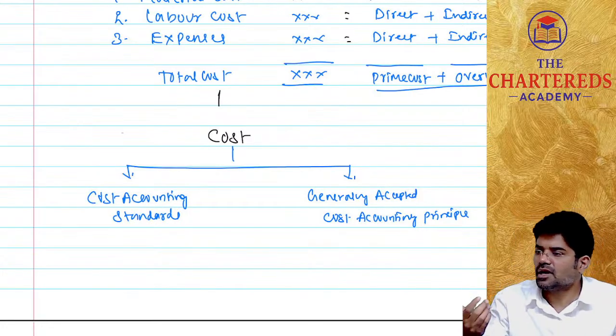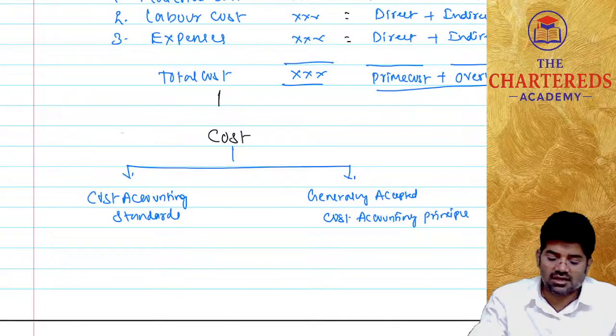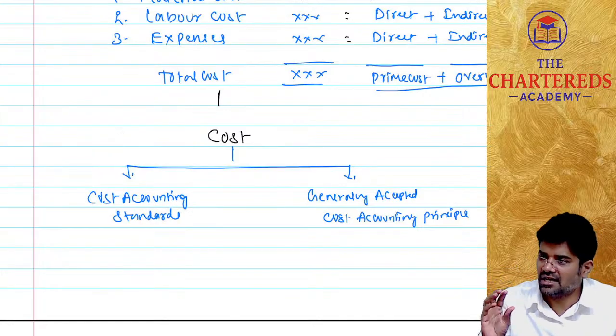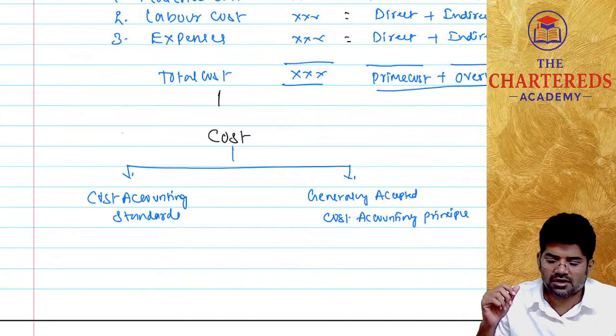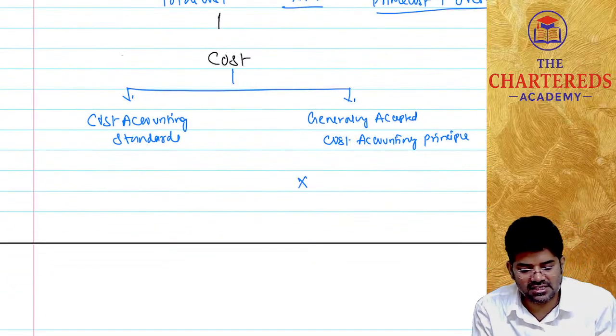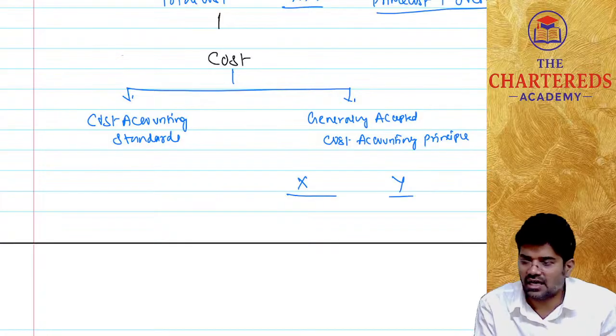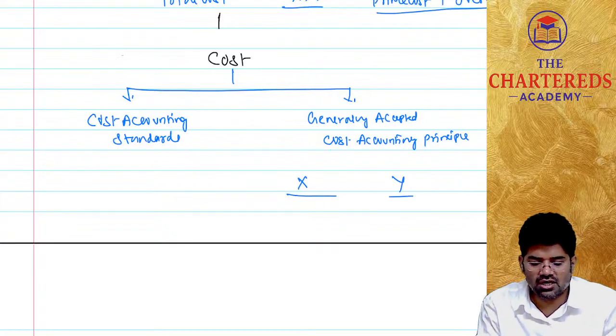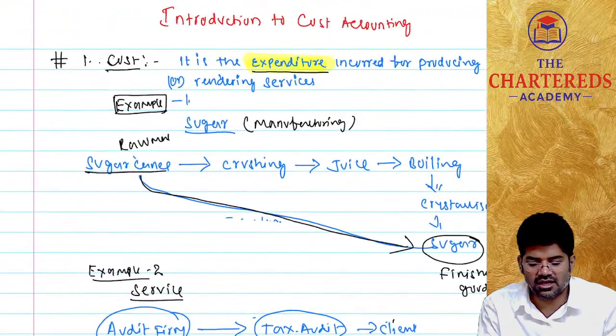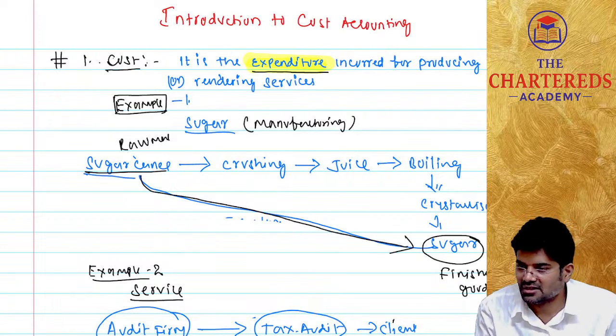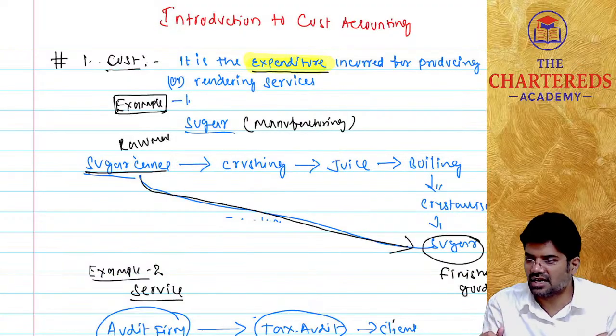So probably you might be wondering, sir, why we need to have standards, why we have these principles. Now if there are two persons, say X and Y, I ask them to calculate the cost. Yesterday's example only, here we converted sugar cane into sugar. Now I ask these two persons to calculate the cost.